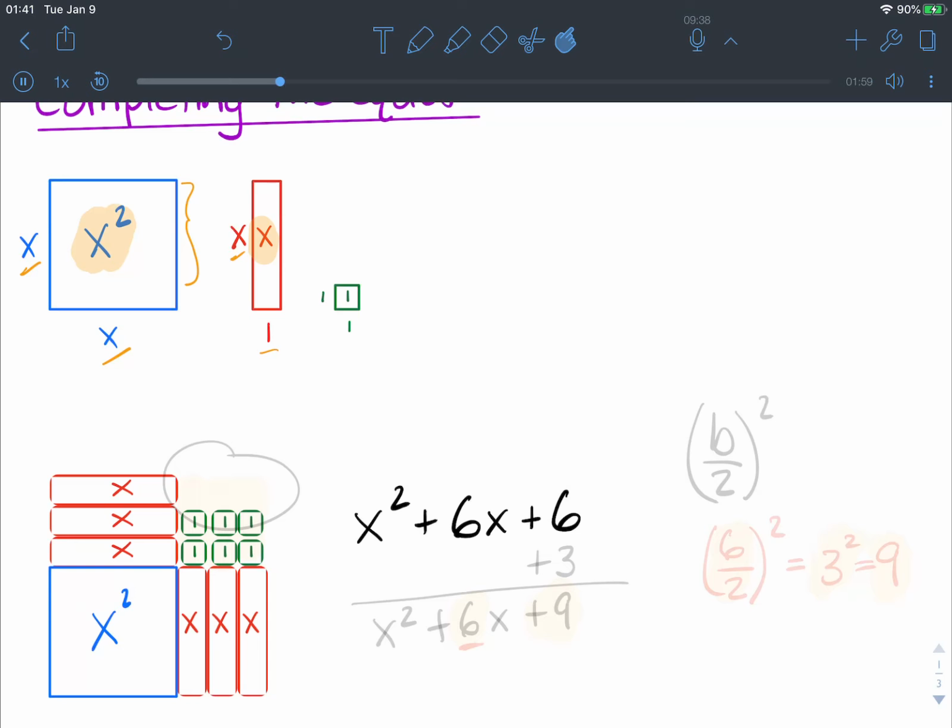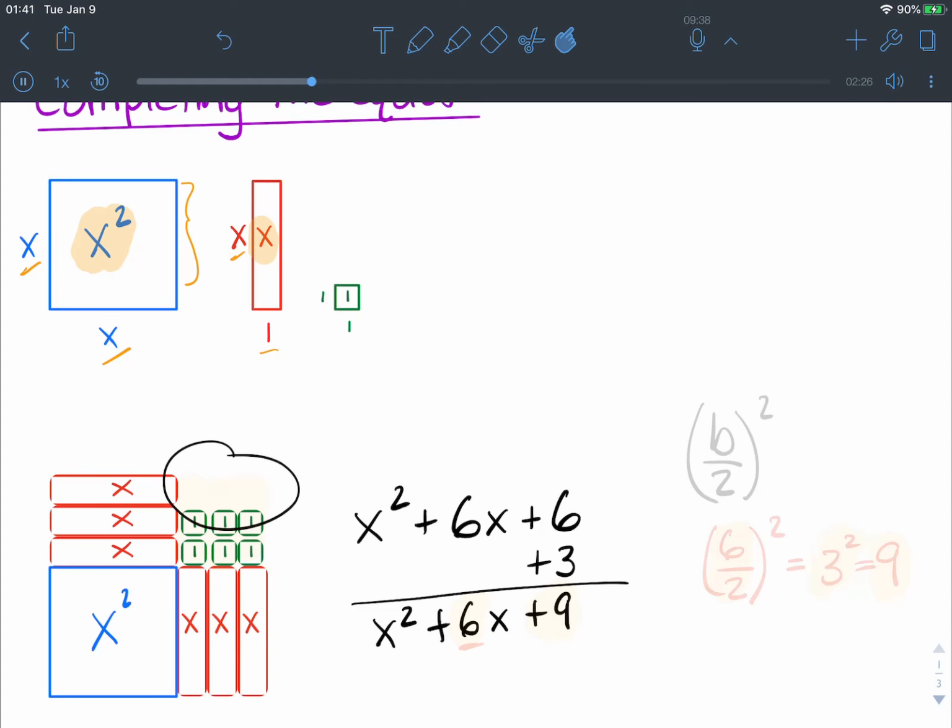So it's a total of 6. So what we want to do is we want to complete the square. And what do we need to complete the square? It's missing right over there, and we need 3 more units. So if we simply added 3 more units, we have technically completed the square.